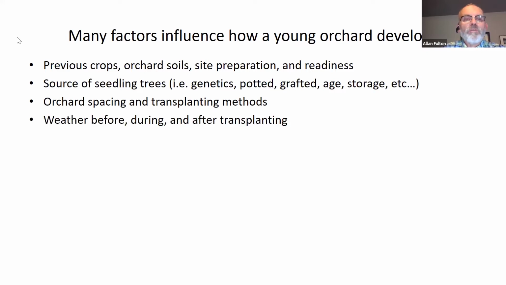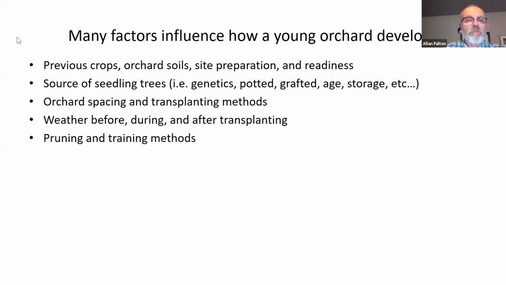The weather before, during, and after transplanting can affect how the orchard takes off. If the soils are heavy in clay and overly wet during planting, this may cause a delay. Another situation is if you're planting later into the spring, early summer, and they are transplanted, followed by extraordinarily high temperatures and hot winds.